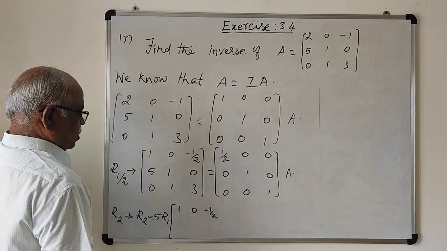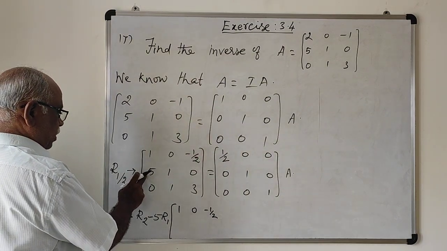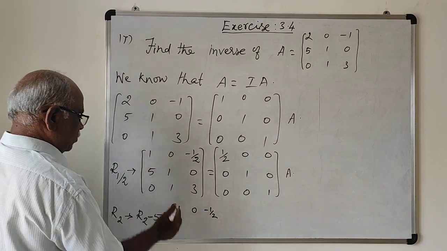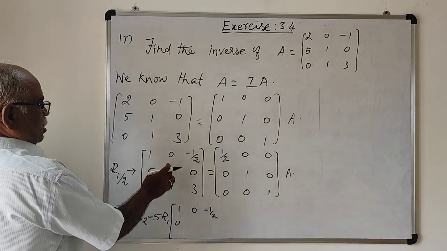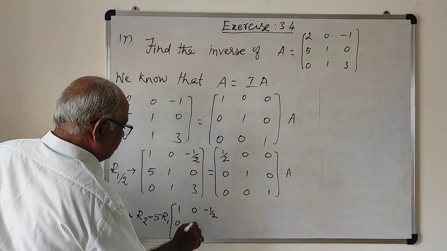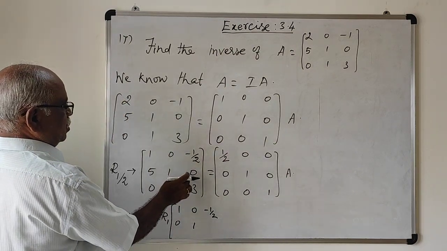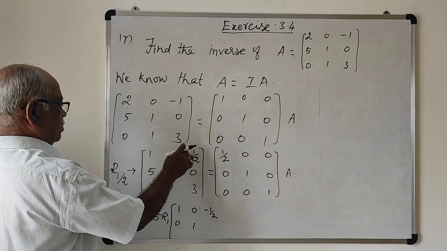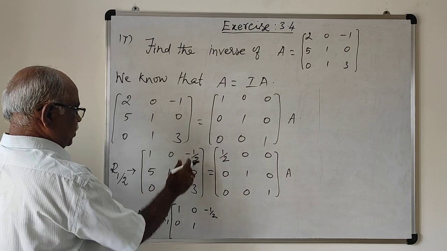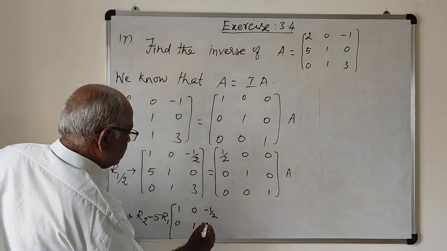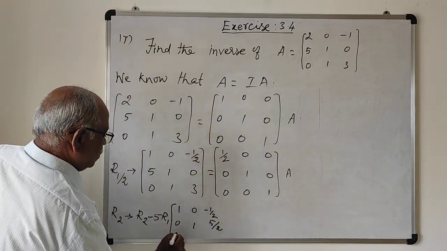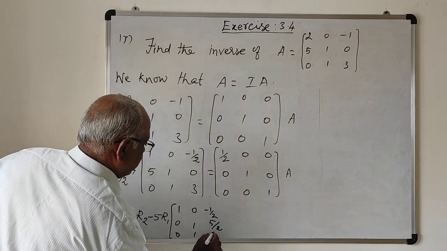Second row, R2 minus 5 times R1: 5 minus 5 is 0, 1 minus 0 is 1, and 0 minus 5 times minus 1 by 2 is plus 5 by 2. And the third row 0, 1, 3 as it is.